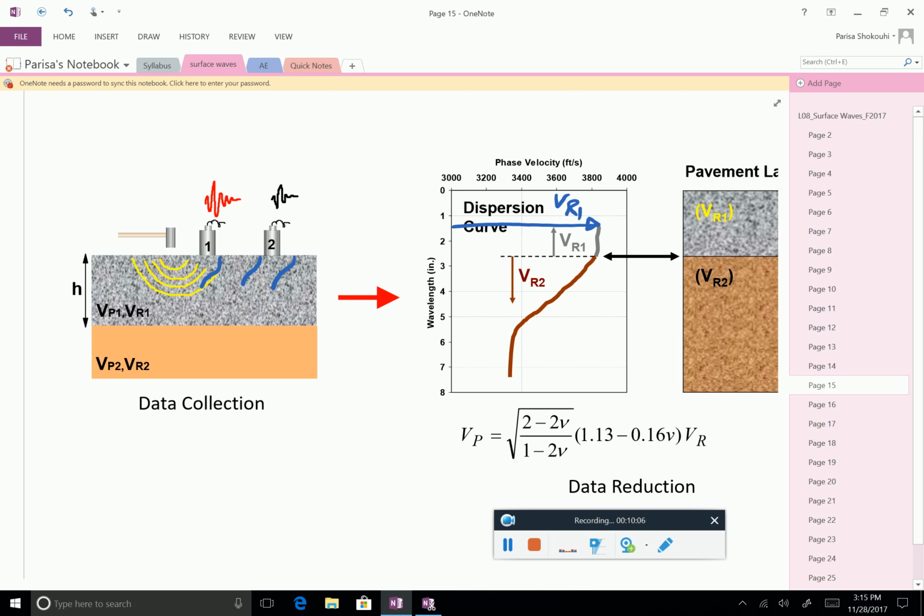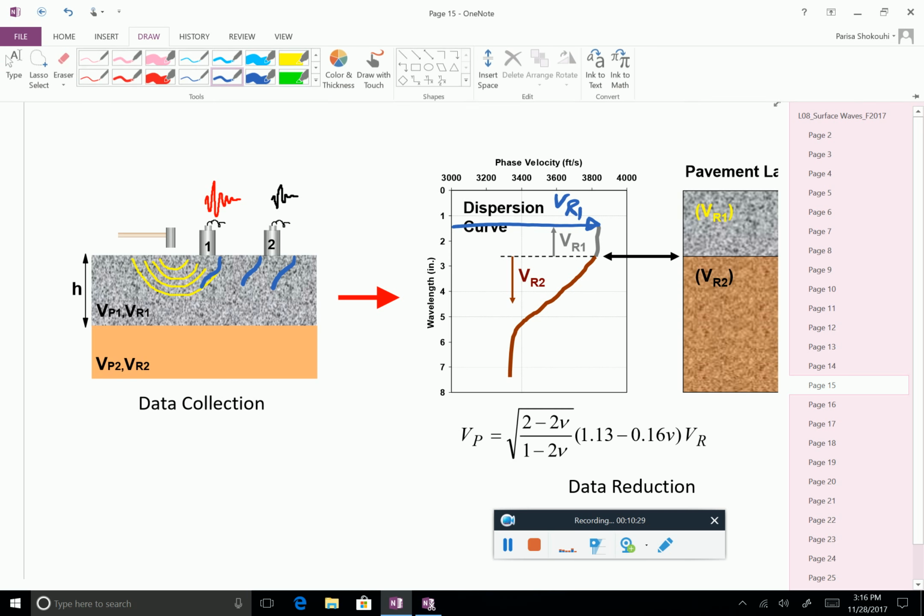What happens as we go towards smaller frequencies or larger wavelengths? What happens? The wave will propagate down into the second material. Exactly. Then the wave is propagating through both. So let's use another color.